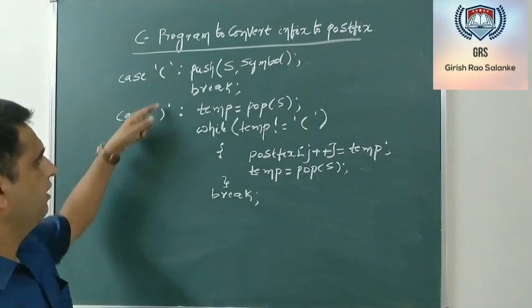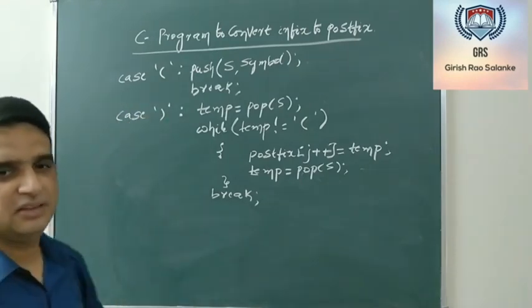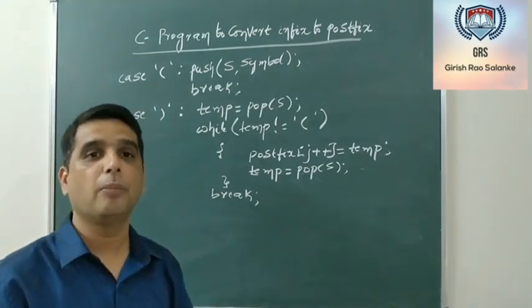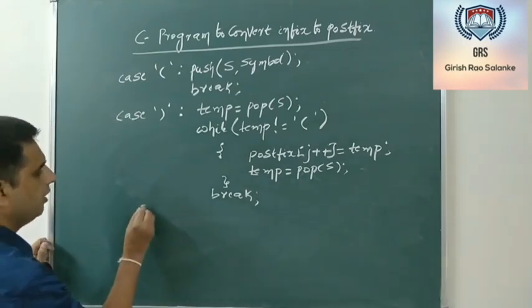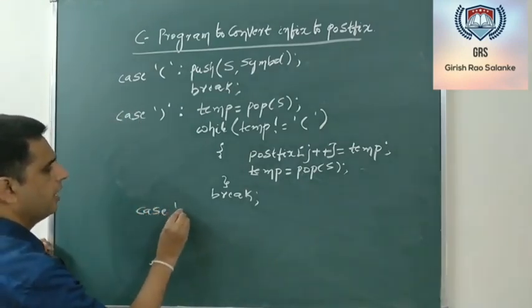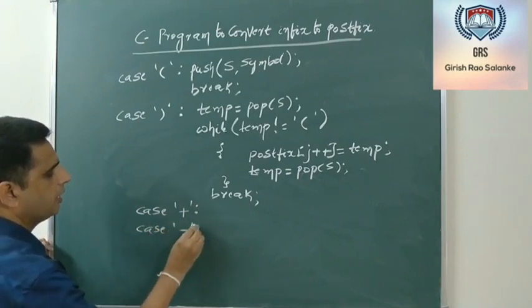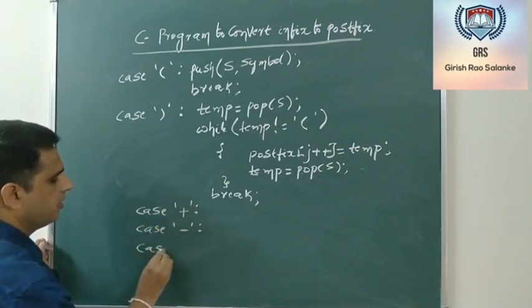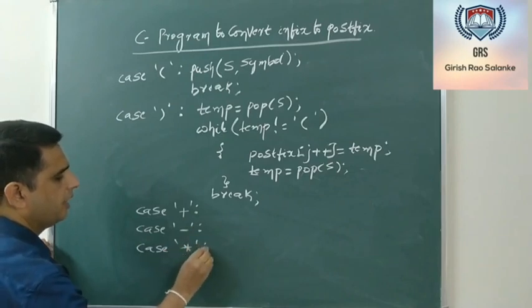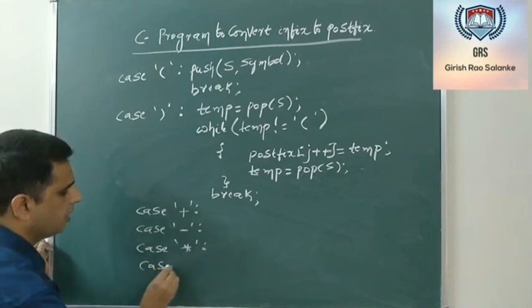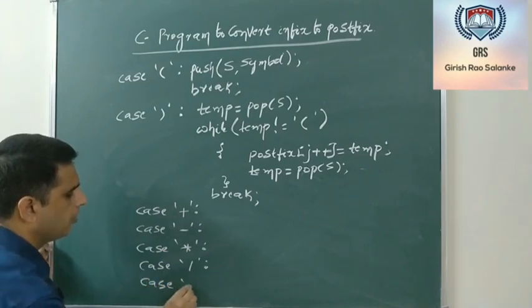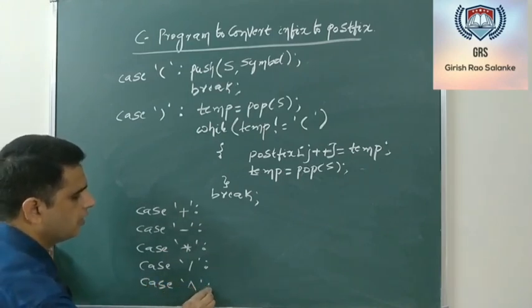Now, if it is not a left parenthesis and not a right parenthesis, then obviously it needs to be an operator. So, write the remaining cases. It might be plus, minus, multiplication, division, or exponential.